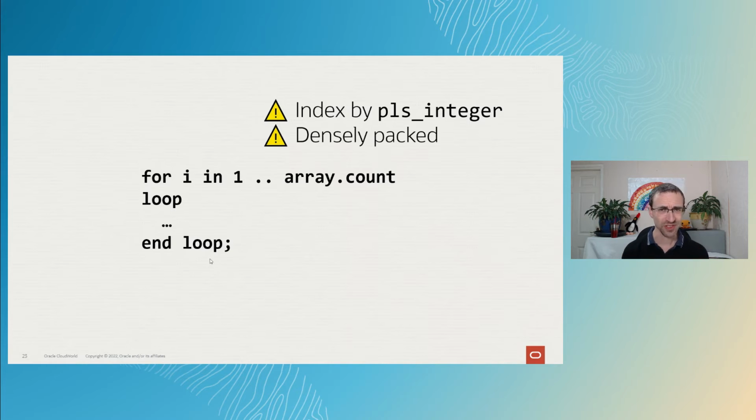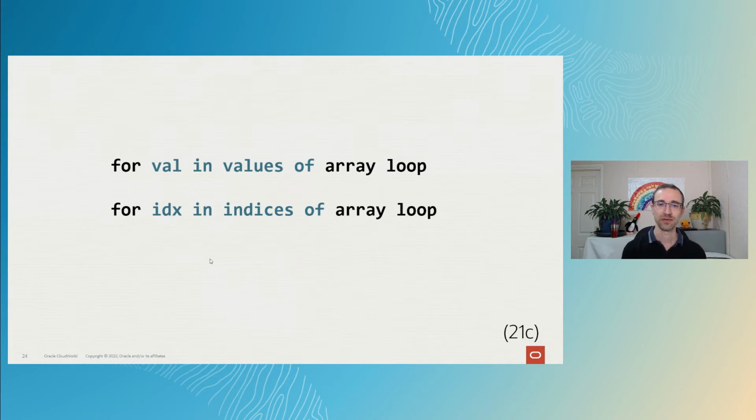Fortunately, in 21c, we've also got some loop controls to help you loop through arrays. First up, we've got the values of and indices of clauses. If you're familiar with FORALL bulk processing, we have exactly the same syntax, the same concepts.